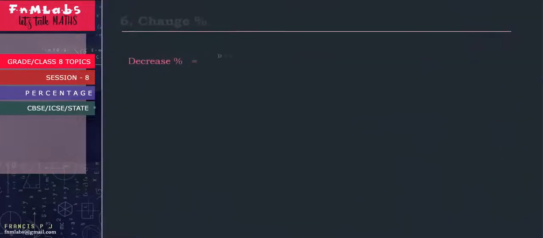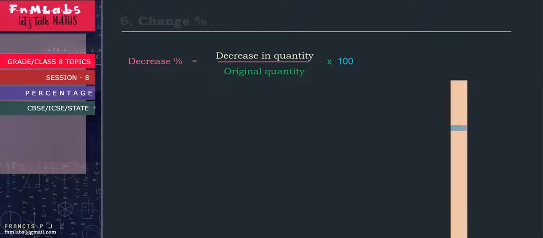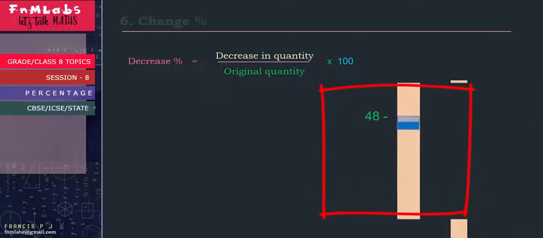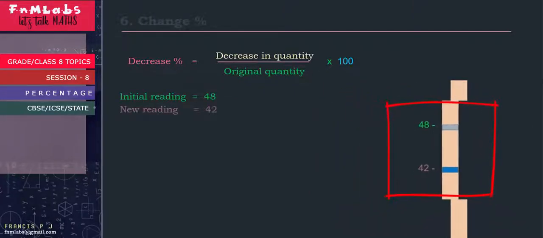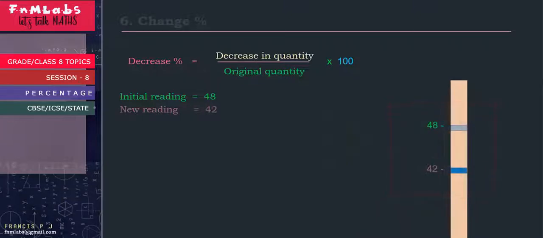In the same way, a decrease percentage can be obtained as decrease in quantity by original quantity times 100. Suppose the temperature falls from 48 degrees to 42 degrees. What is the decrease percentage here? Here the initial reading is 48, the new reading is 42.